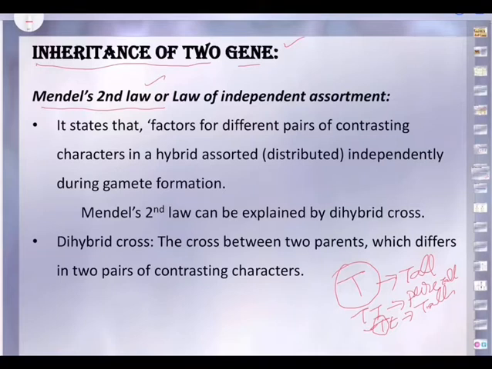The law of dominance states that only one factor expresses itself in the F1 generation, that is capital T. The factor or allele that expresses itself is called the dominant gene, and it is able to express its effect, while the factor called recessive, that is small t, remains unexpressed. So in the presence of the dominant gene, the recessive cannot express itself. That's why capital T is called the dominant gene. This is the law of dominance.